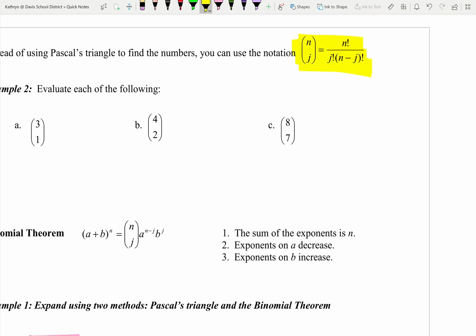Okay, now I think we might have a small problem. Grab the formula sheet. Can I see that formula sheet right there? I don't know if I put this formula on your formula sheet. I don't think I did.